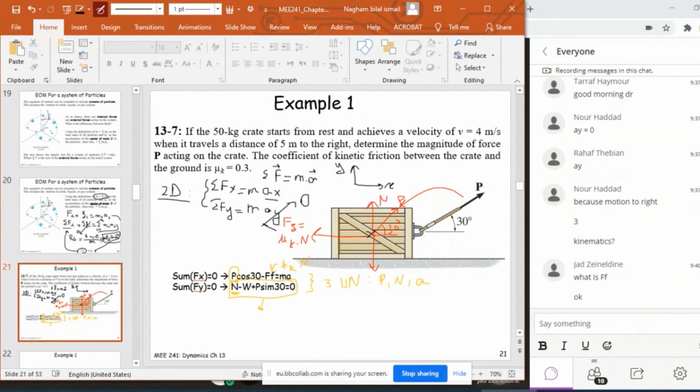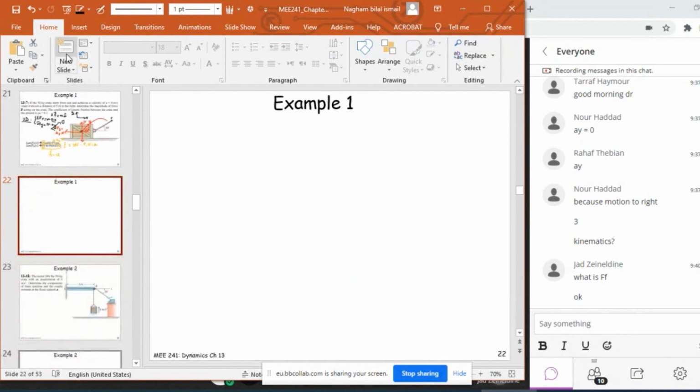Same magnitude and same direction, which means P sine 30 is constant. And W is constant, this means that N is constant. And if I plug this into the first equation, N is constant means the friction force is constant. P is always constant, so A is constant.